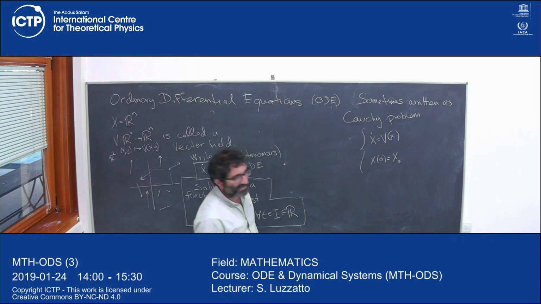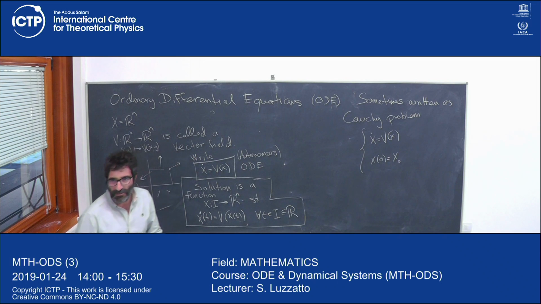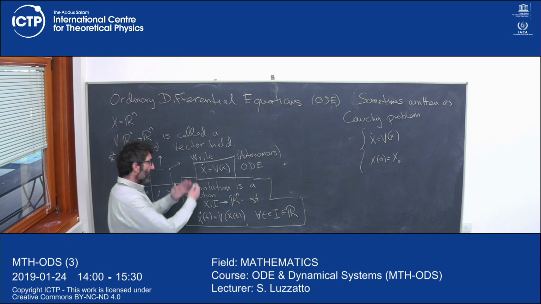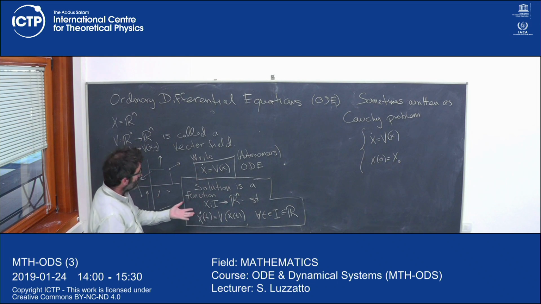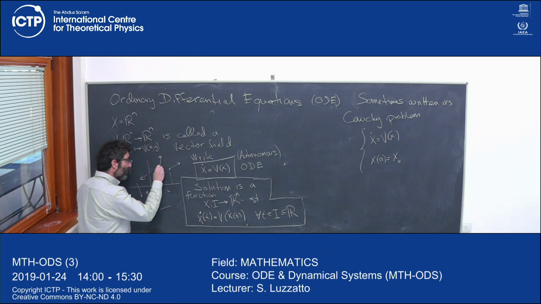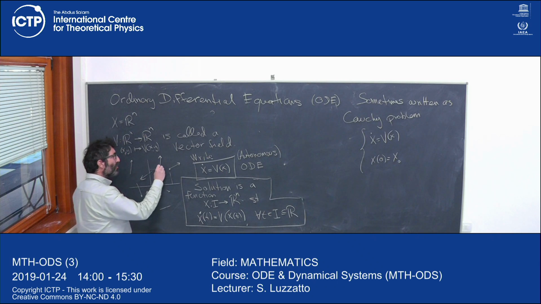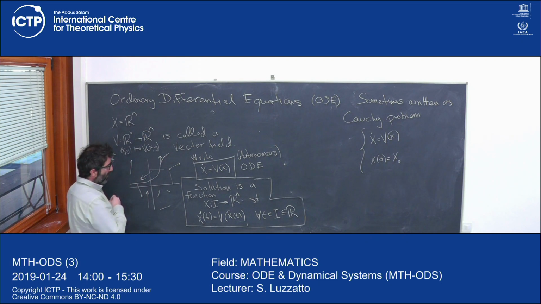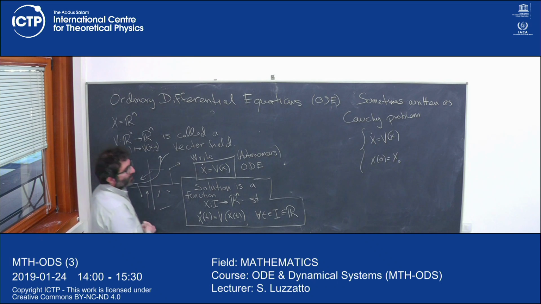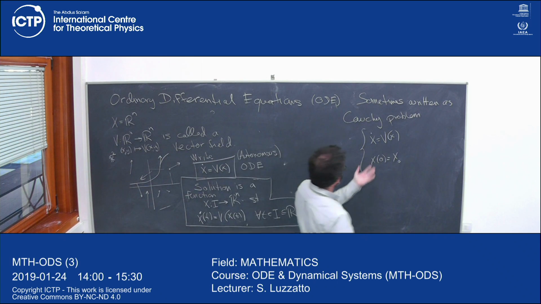So a specific initial condition. The general problem is, given this, do there exist solutions? Of course, it may be that there exist solutions at this point, so if you choose this initial condition, you can actually find a solution, but maybe here you cannot, because the vector field is such that you cannot do it. So the Cauchy problem is really the same thing.